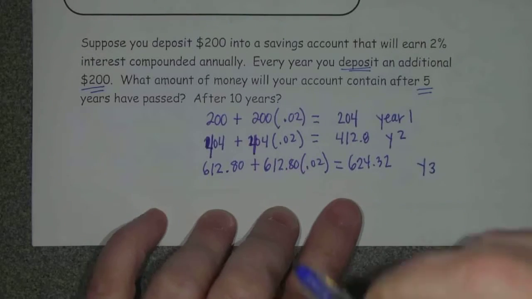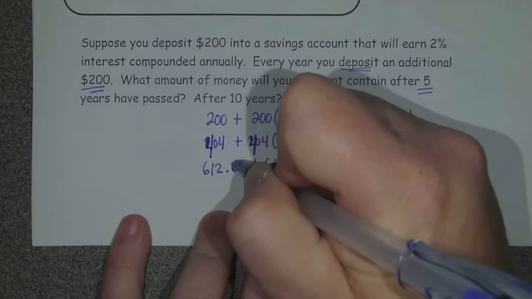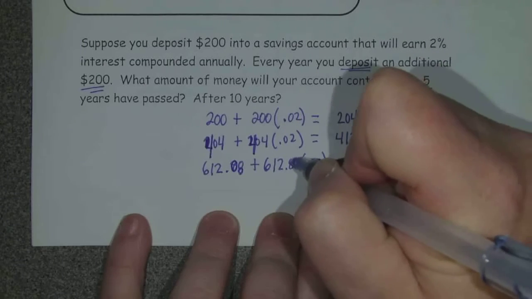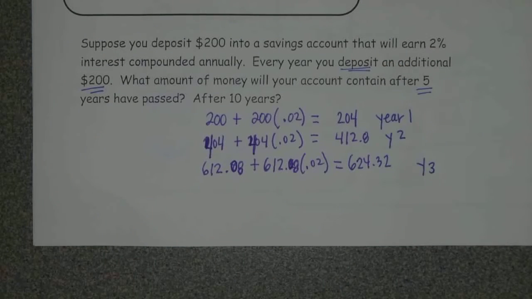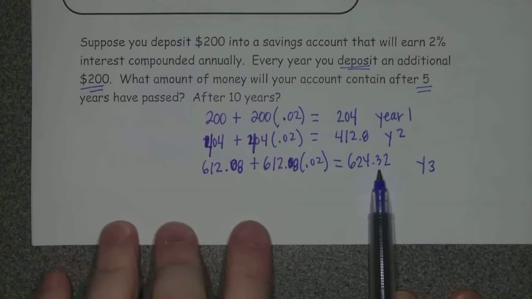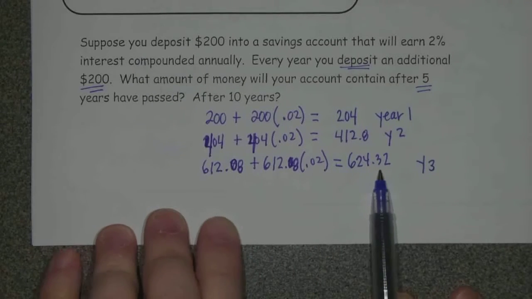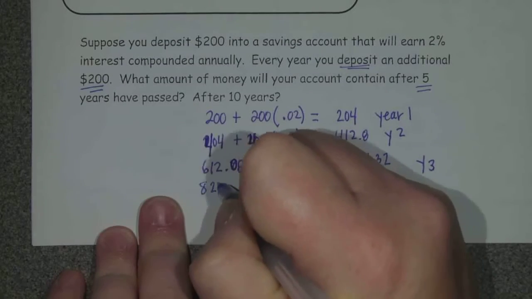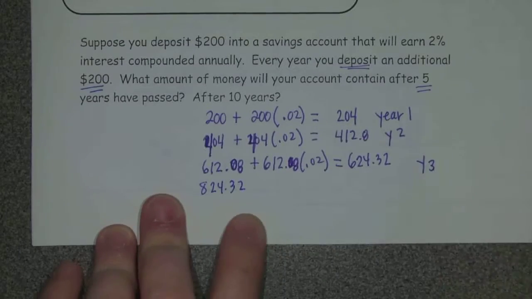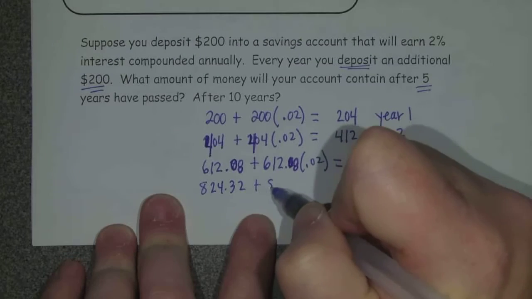I just wrote it wrong. Thank you for letting me know I wrote it down wrong. Did you get 624.32? All right, what are you starting the next year with then? 824.32? This is messy.